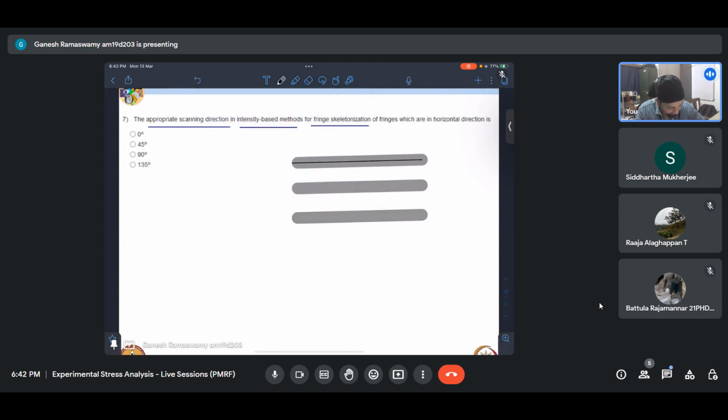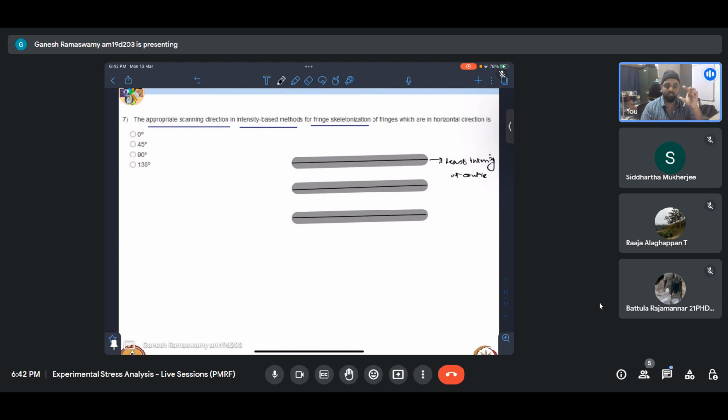I am not in a position to show you intensity variation here. You just take it that intensity varies through the thickness of this fringe. Basically, my center line has the least intensity at center, and it will just increase.